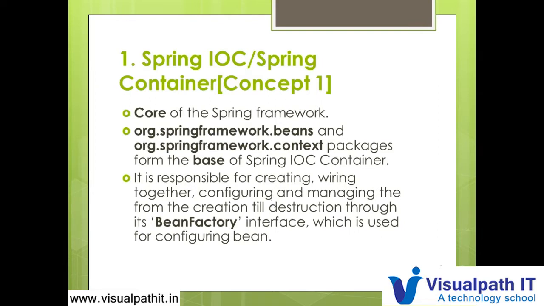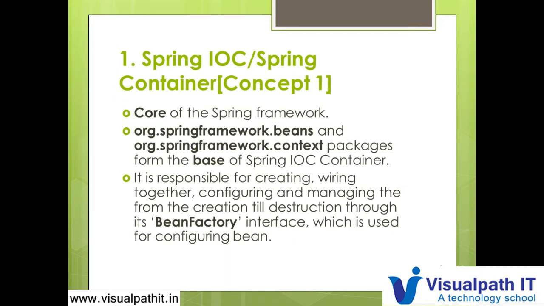The org.springframework.beans and org.springframework.context packages form the base of the Spring IOC container. So, what exactly is happening inside the container? This container is responsible for creating the beans, wiring them together, and configuring and managing them, from creation till destruction.